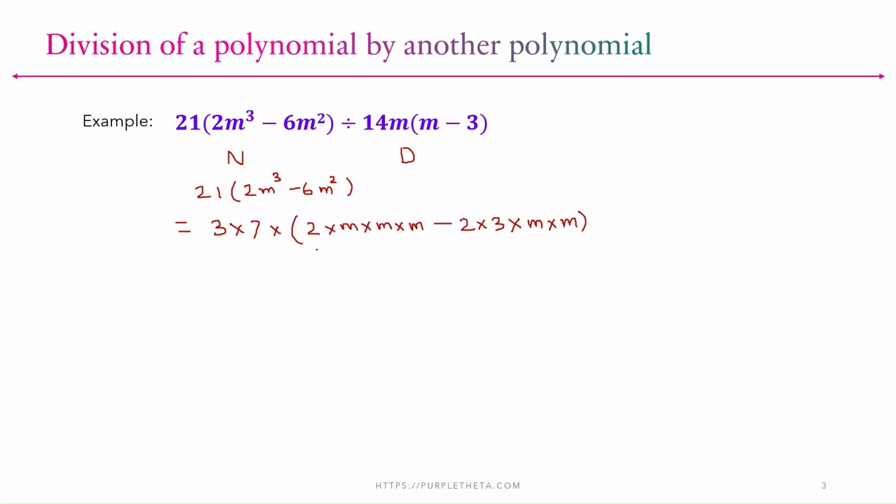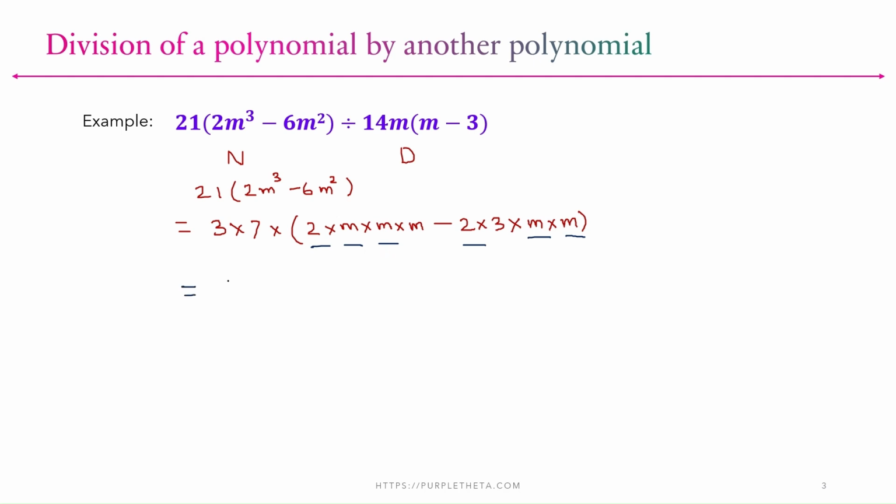Here in the first term we have 2 multiplied by m multiplied by m, right? And in the second term we have 2 multiplied by m multiplied by m, right? So 2 multiplied by m, or 2m square, is common in both terms, right? So 2m square is a common factor. I will take 2m square out.